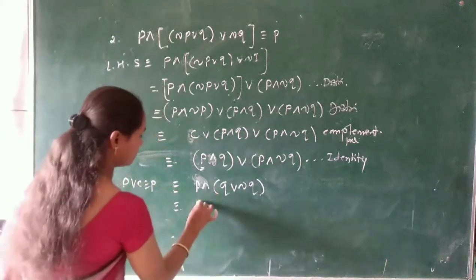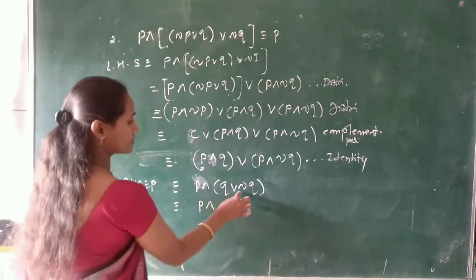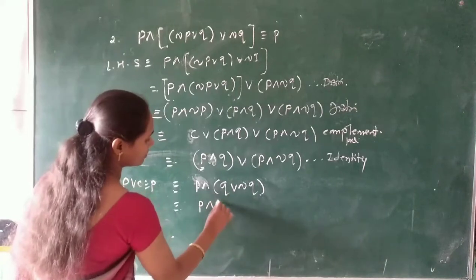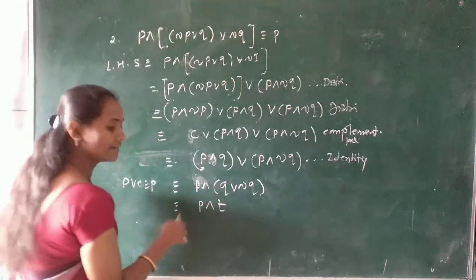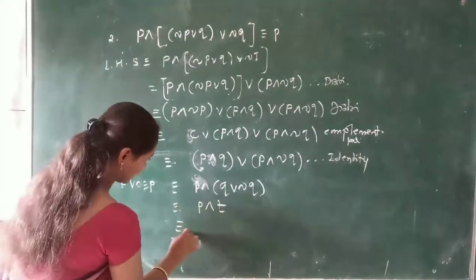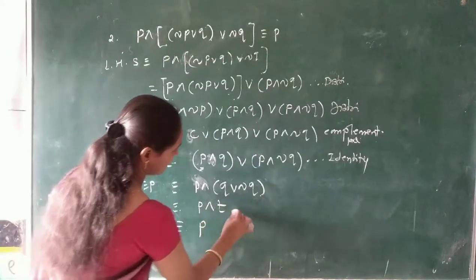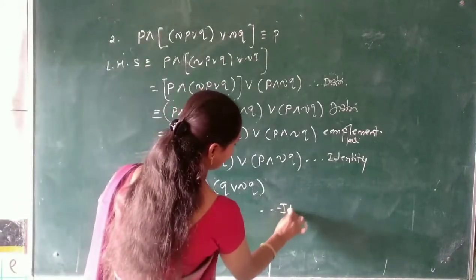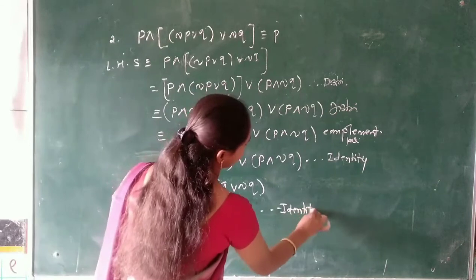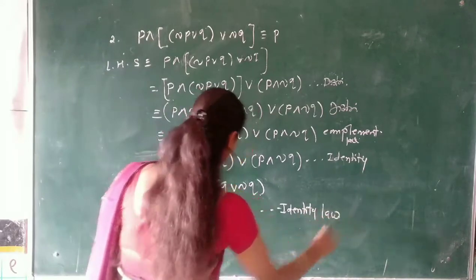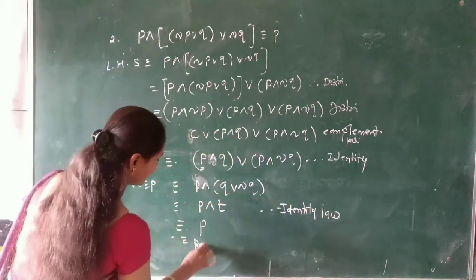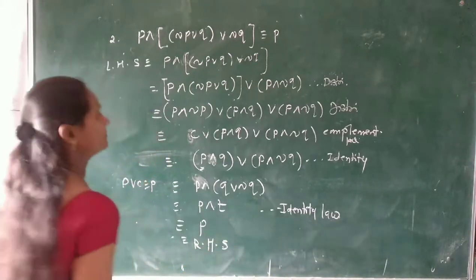Distribute this term. Now keep P as it is. Again this Q or ¬Q is equal to T. P and T is equal to T, that is P and T is P. Here we use identity law, and which is equal to our RHS.